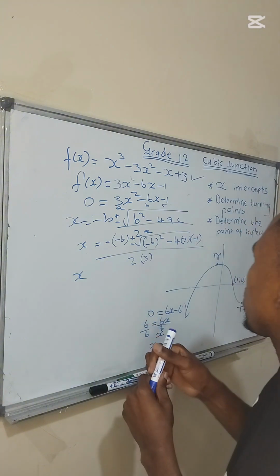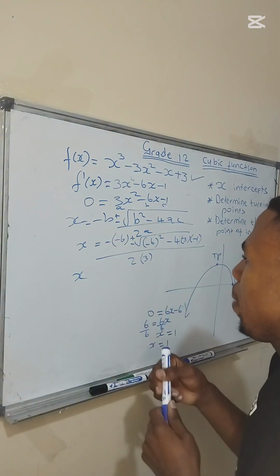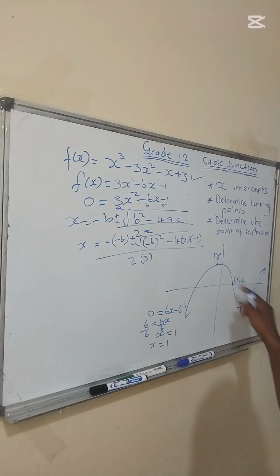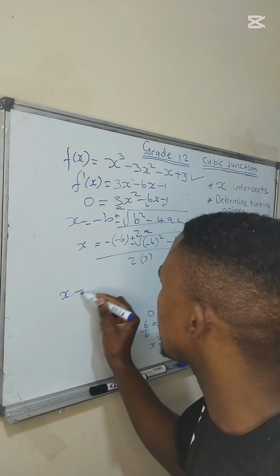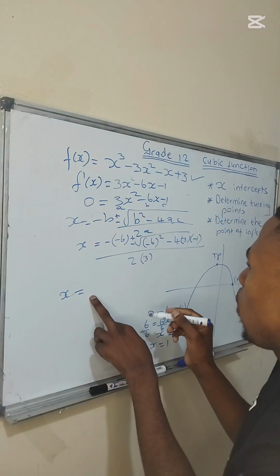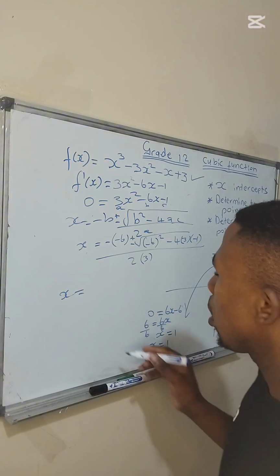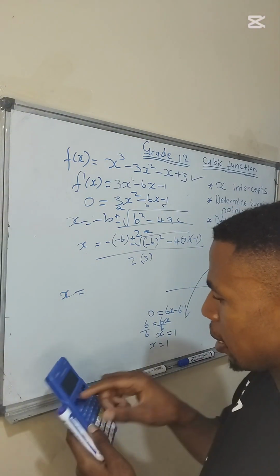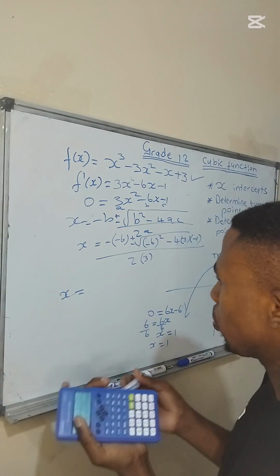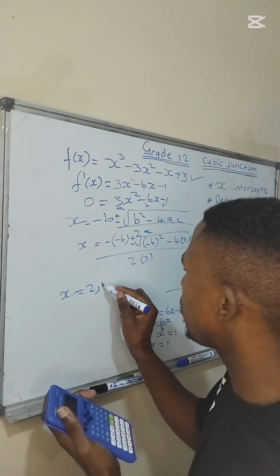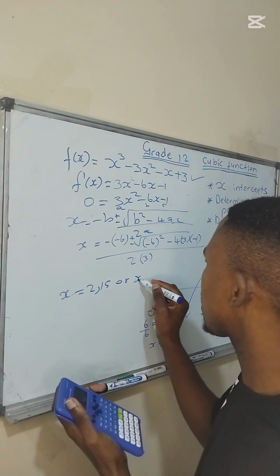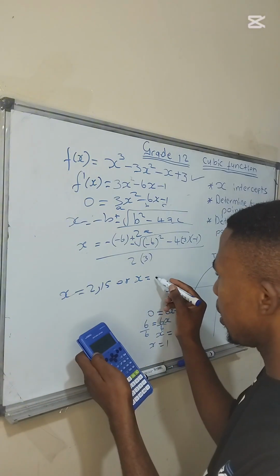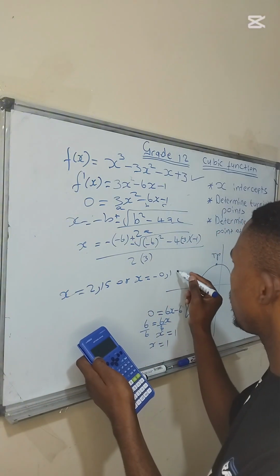Then try to punch this on your calculator so that you can find the x-coordinates of the turning points. X is equal to this, or x is equal to that. Let me punch the calculator. Then our x is equal to 2,15, or our x is equal to negative 0,15.